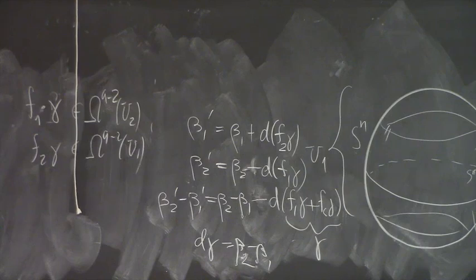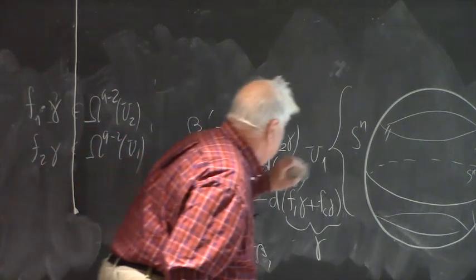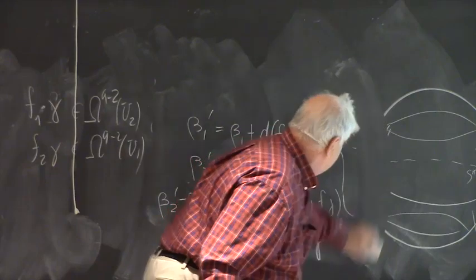So again, beta 2 prime and beta 1 prime are not worse than the initial forms, beta 2 and beta 1, but they agree on the belt. And hence, they form, even I can erase the picture because I don't need it anymore.